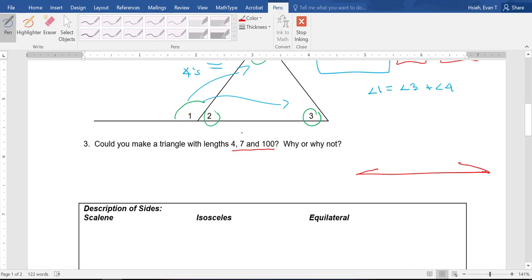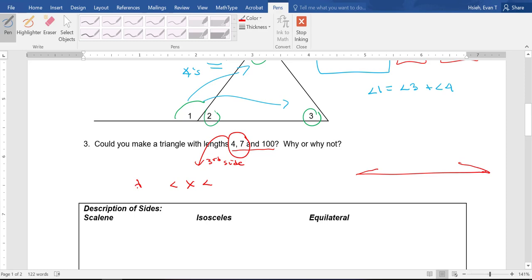If I just have sides 4 and 7, there are definitely restrictions on what the third side can possibly be. Let's call that third side X.